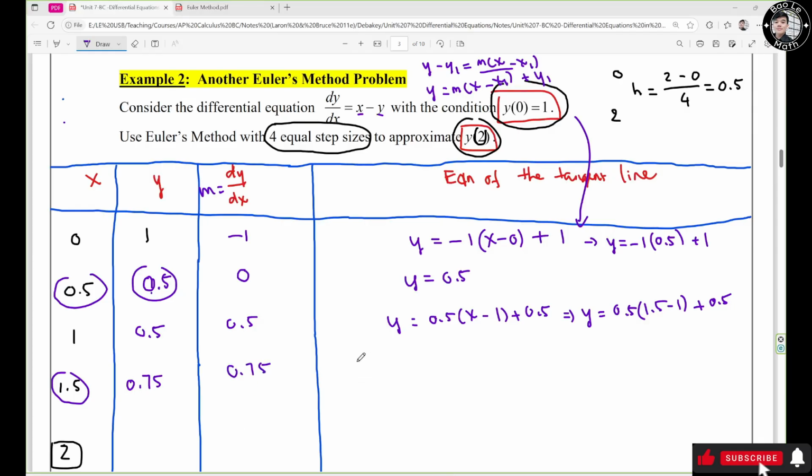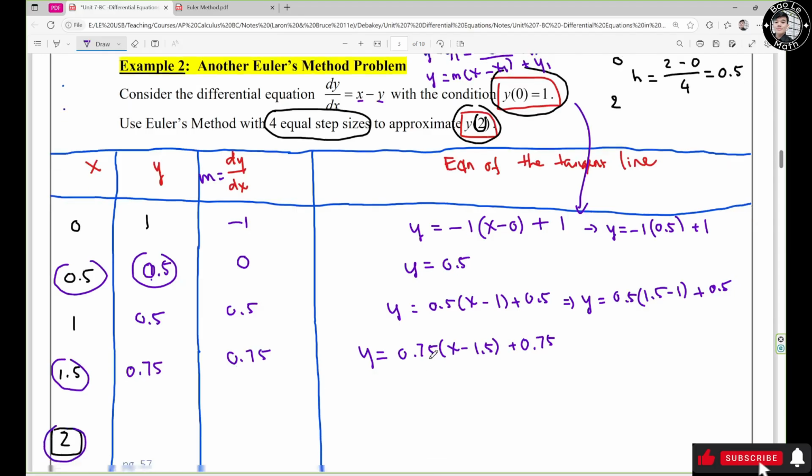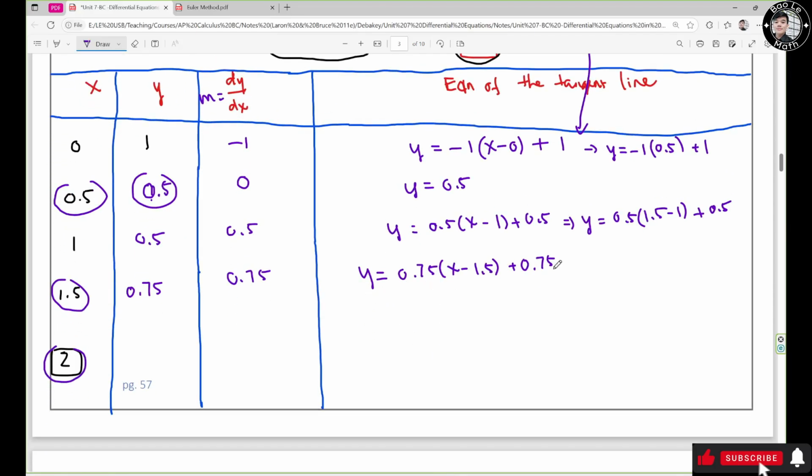Alright, now I have the equation y equals, the slope is going to be 0.75 times s minus 1.5 plus y1, which means 0.75, right? So I substitute 2 for s into this one to solve for y, right? So I have y equals 0.75 times 2 minus 1.5, right?